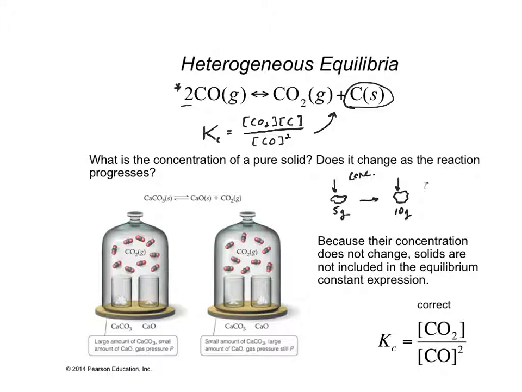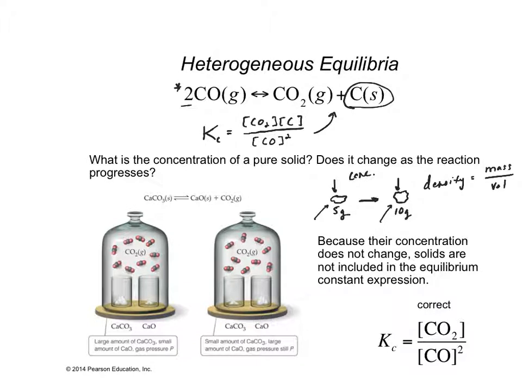Instead, we measure something like density, which is the amount of mass per volume, right? But as we move through a reaction, as long as we have some solid, the density is not going to change. 5 grams of carbon has the exact same density as 10 grams of carbon.